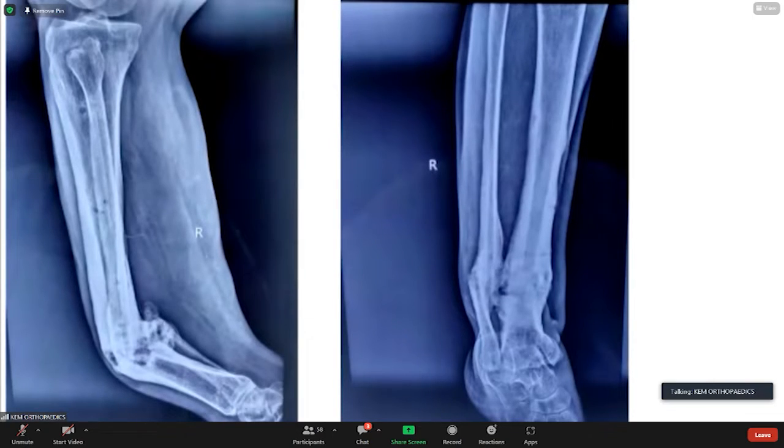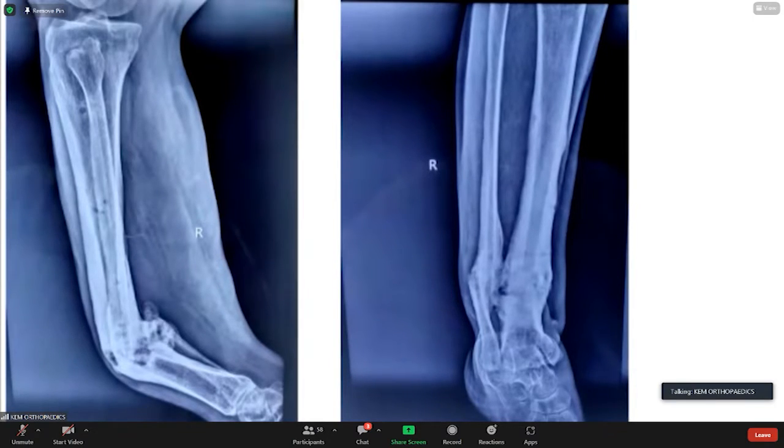Now you are reading the X-ray. Now you can use the word angulation or tilt. Now what is angulation? And what is tilt? Angulation means you pass a long axis through the fragments, upper fragment, lower fragment, and if they meet at the fracture point, that is called angulation. And tilt means the meeting point is away from it.